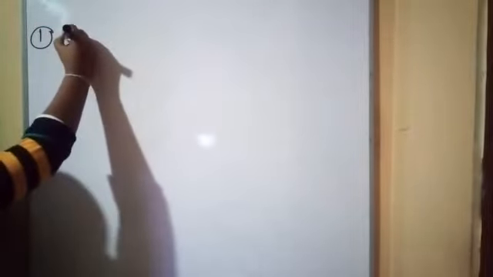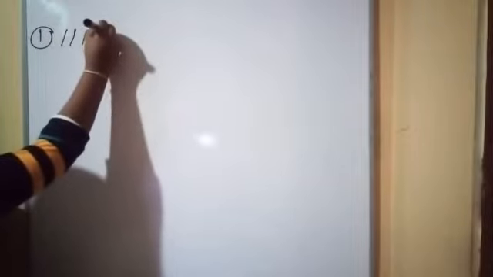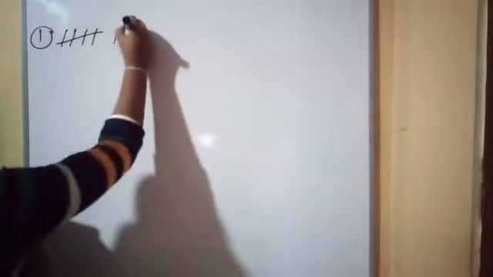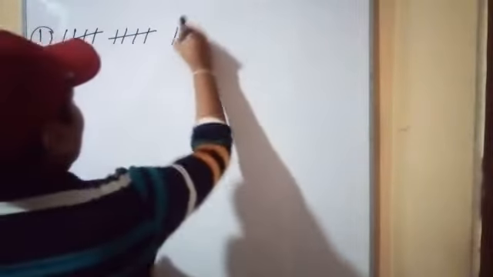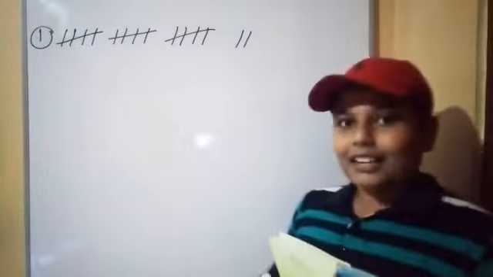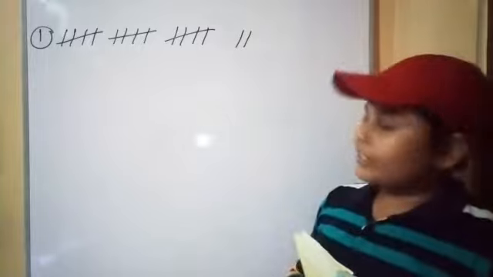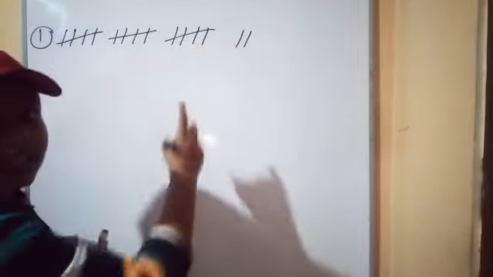Now, the number is represented like this. So what are these? These are tally marks. Tally marks mean in a set they have 5 lines. So this is one set, the second set, the third set.